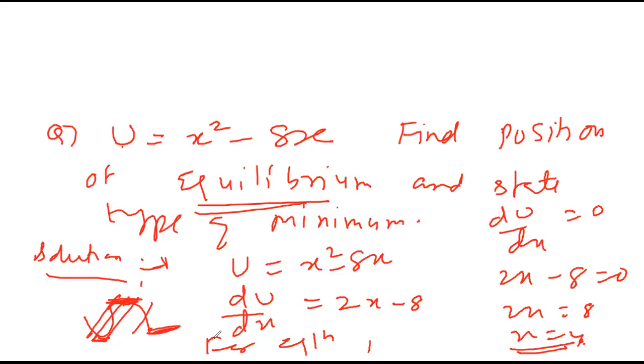So first, for equilibrium, take the derivative of potential energy as 0. We got that at x equal to 4 it is equilibrium. Now we have to check whether the potential energy was minimum, maximum, or constant at that point.